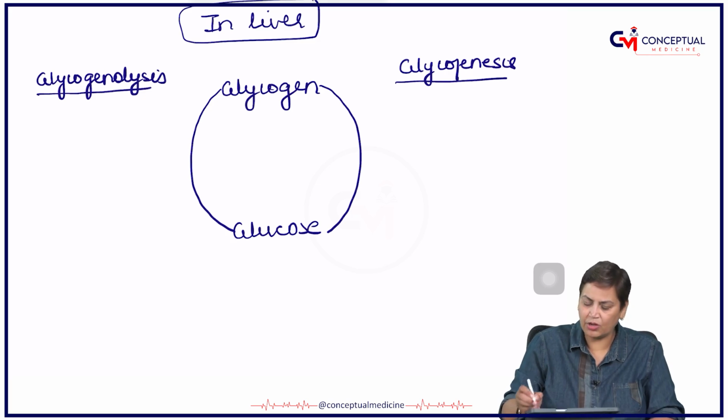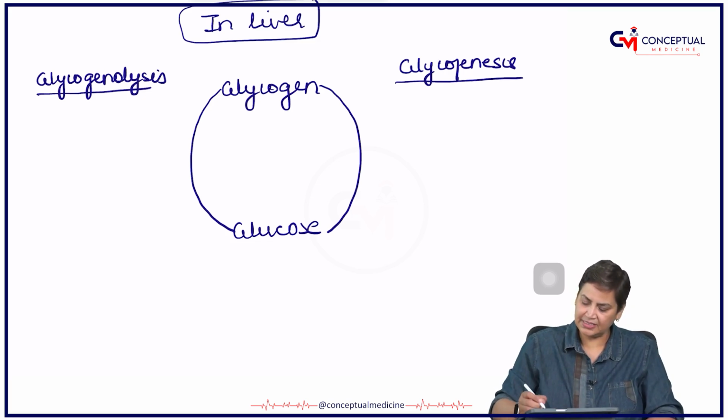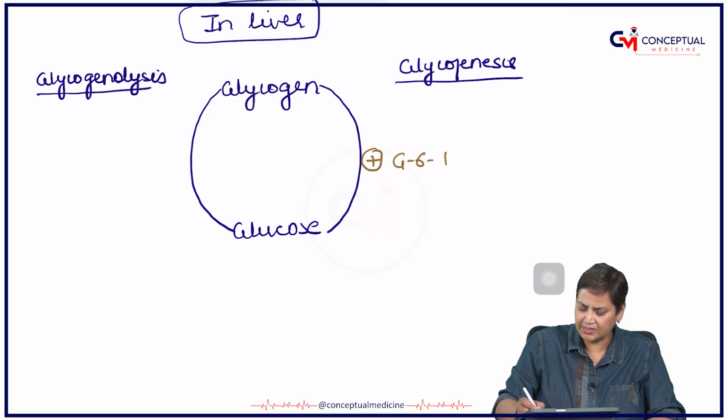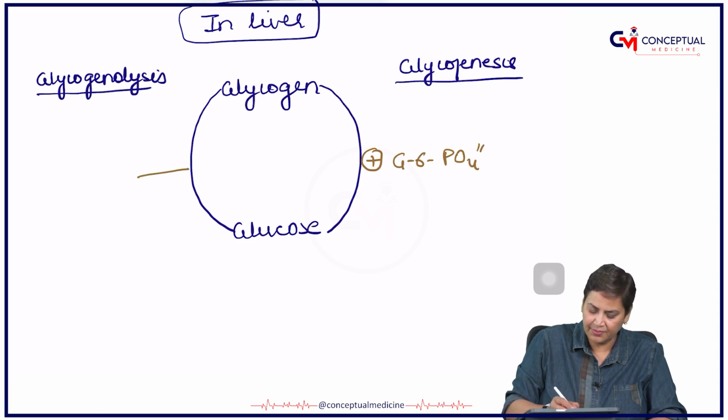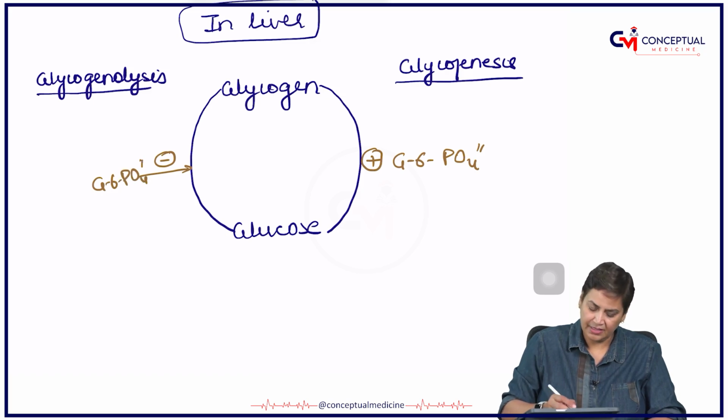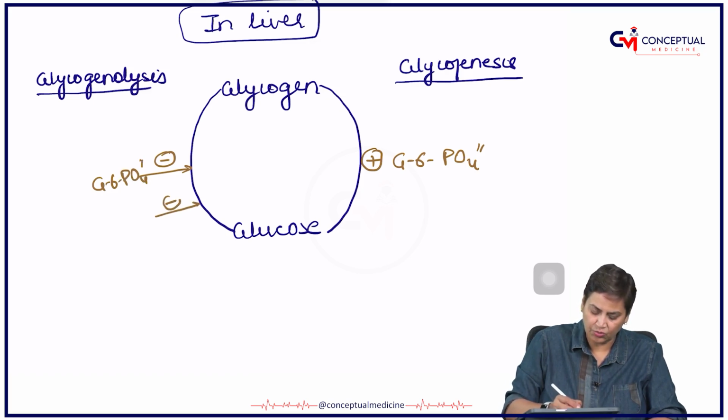Now if we talk about the differences, I can simply say that it is triggered by glucose 6-phosphate, whereas here it is inhibited by glucose 6-phosphate. It is inhibited by glucose.